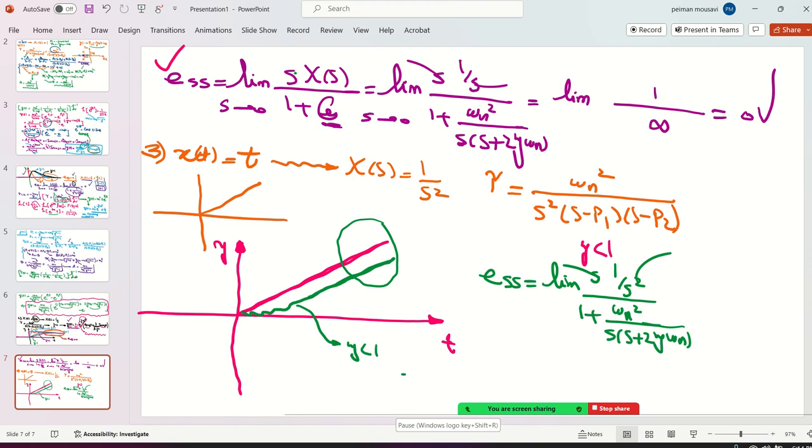So what you have here is a limit of, if you take down s, gonna be s plus, and this s with this goes away. So you get ωn² over s + 2ζωn. Everybody agree? I just take down this s to this denominator. You got it, everybody? When s goes to 0, this goes to 0. Oh, what happened?